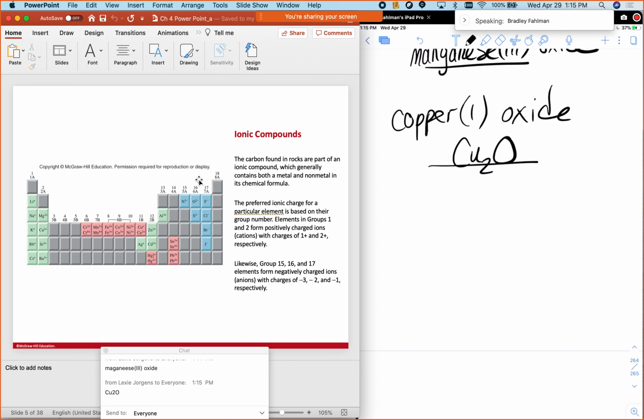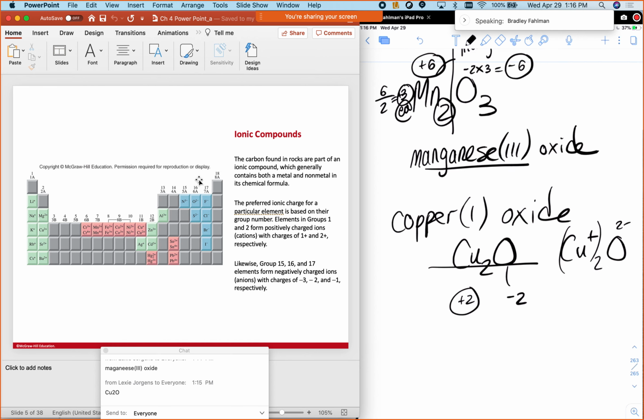That means oxygen is -2, and so this whole other side has to equal +2, and so each of the coppers are +1. In other words, you could say this, really. And then oxide. That's a -2, so how many of these do you need to get a +2? And so it's 2.